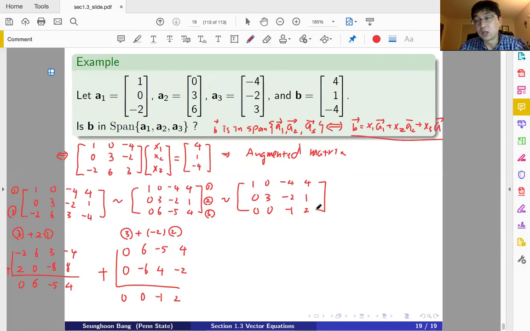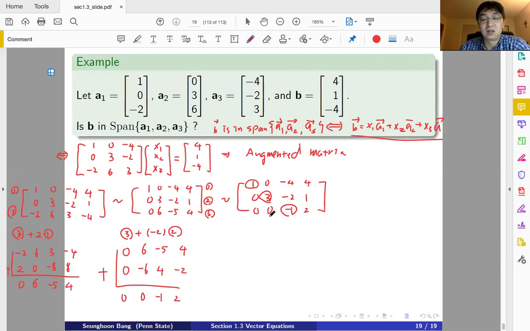So you don't need more procedure. What does it mean? In this case we don't have a free variable. Going back to section 1.2, we don't have a free variable. These are pivot 1, pivot 3, pivot negative 1.